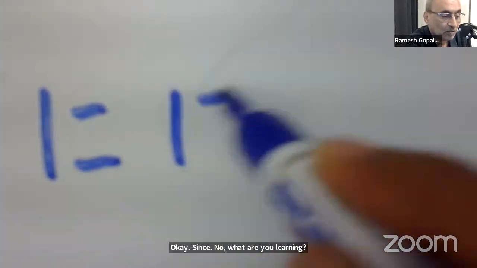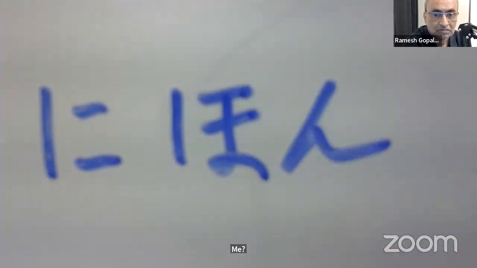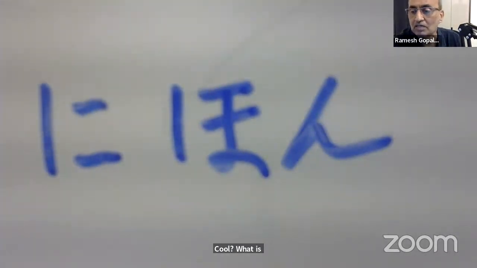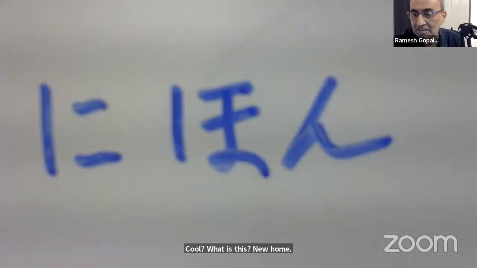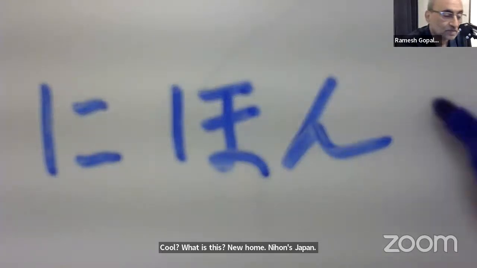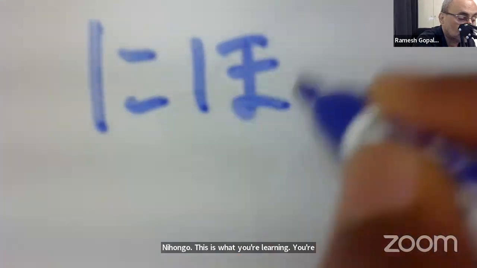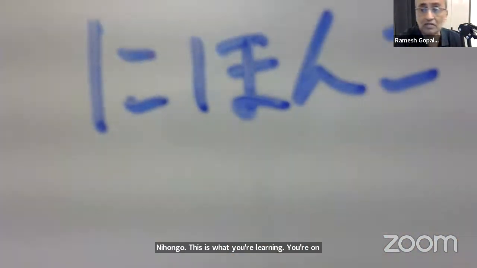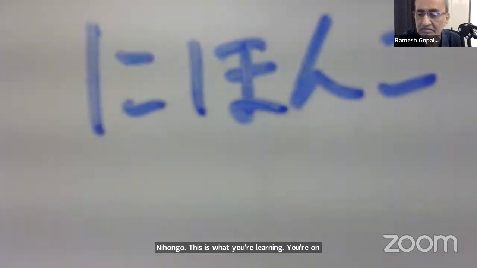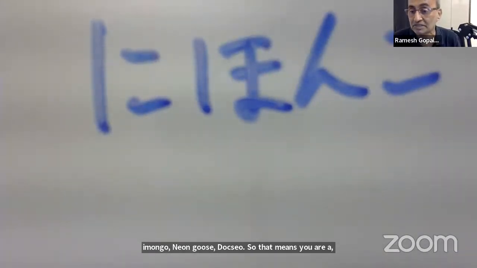Now, what are you learning? Ni, ho. What is this? Nihon. Nihon is Japan. Nihongo is what you're learning. Your Nihongo, and you're a gakusei of what? Your Gakusei of Nihongo. So that means you're a student of Japanese. Nihongo is Japanese. And where have you joined? You have joined Nihongo Gakko.